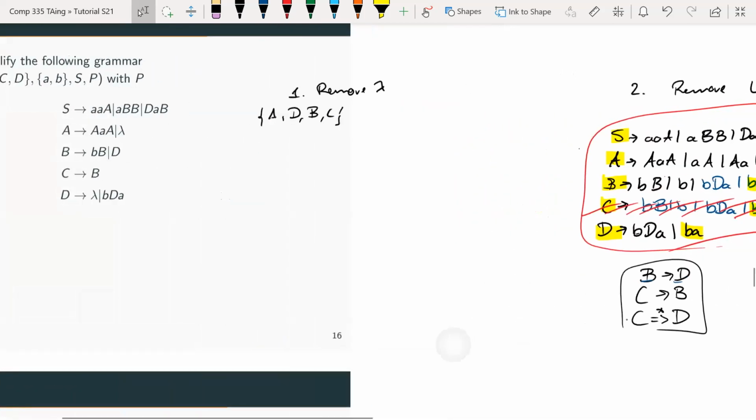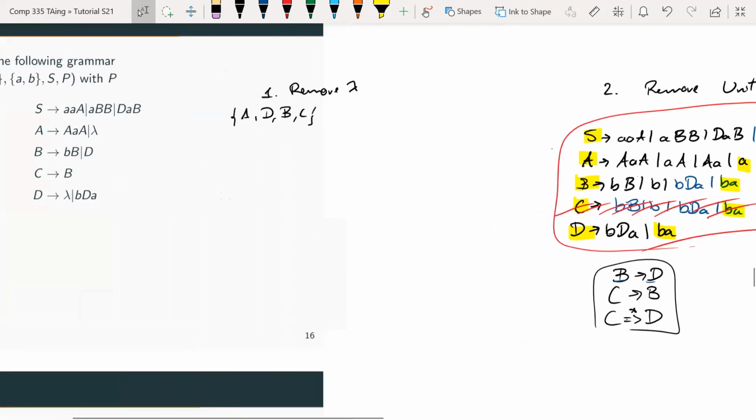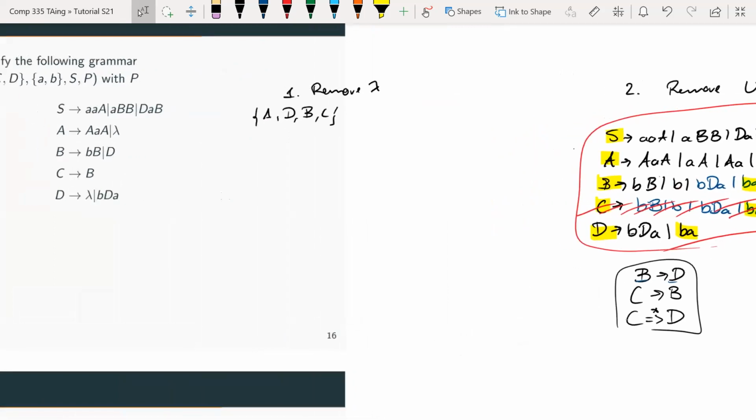It's because B was nullable. So, like in my first step, which sucks that I didn't copy, but here in my first step I had BB, right? But B was also nullable because, why is B nullable? Because B gives me D and then D gives me lambda, right?